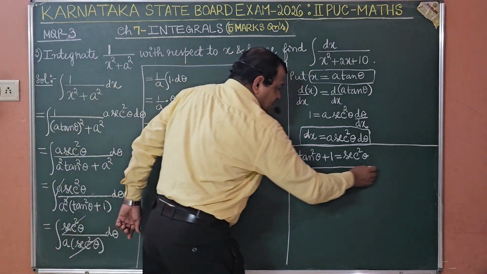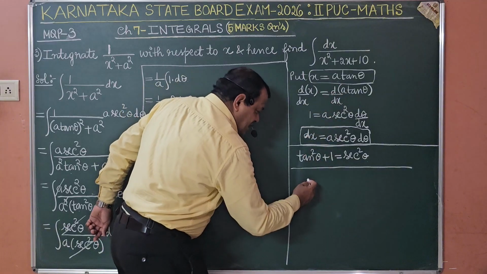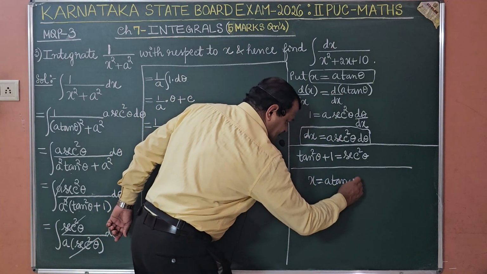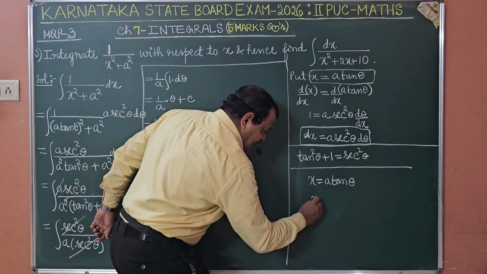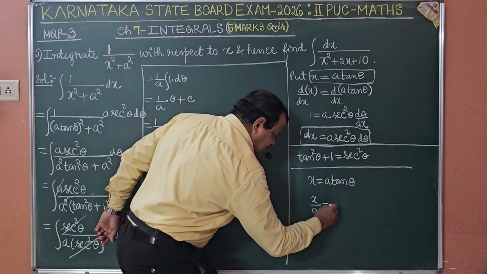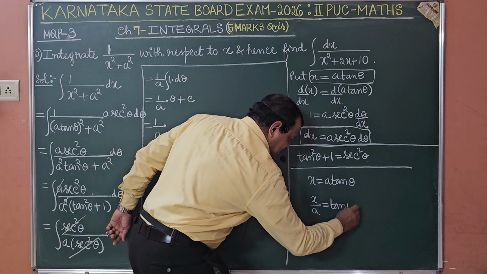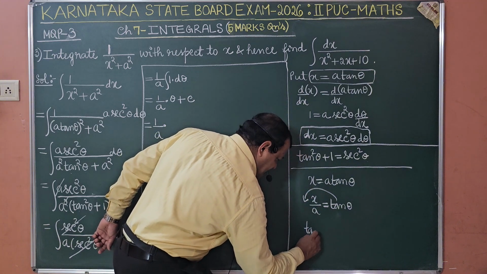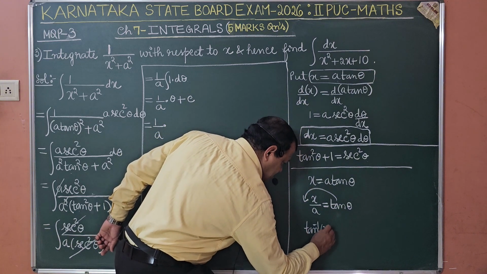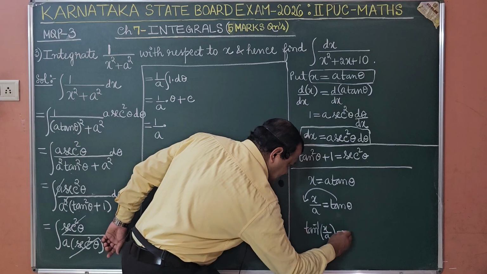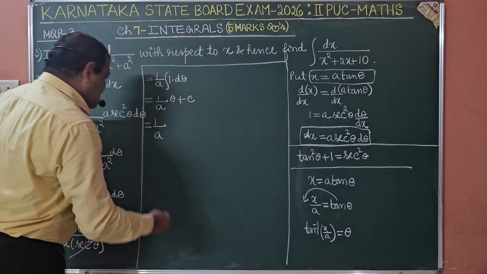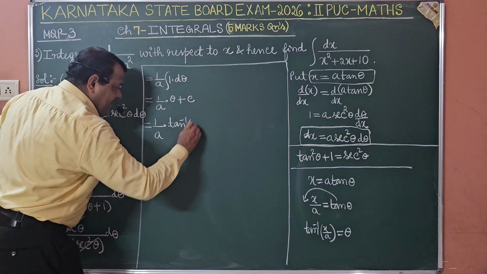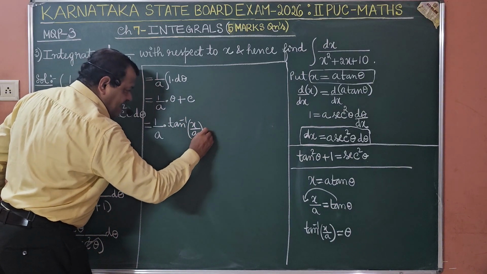Again come back to this rough work side. Say we have x equal to a into tan theta. Therefore a transposes to the denominator, x by a is tan theta, transpose tan here, it becomes tan inverse x by a is theta, and this I will substitute over here, tan inverse x by a plus c.